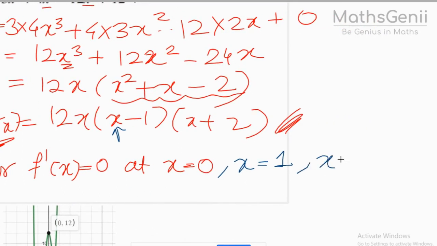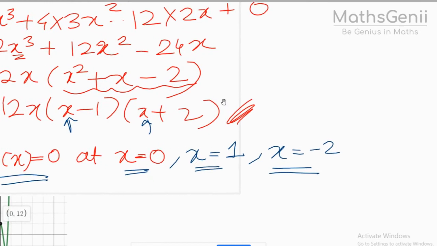Also, x is equal to minus 2 will also give me 0. If I put minus 2 here, minus 2 plus 2, 0. Everything into 0 is 0. So these are the three values that are going to give me 0. So that is your first step. Find f dash of x, then find points where f dash of x could become 0. Okay, these are the points.